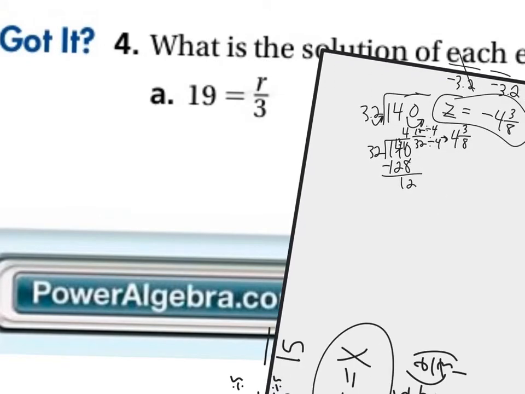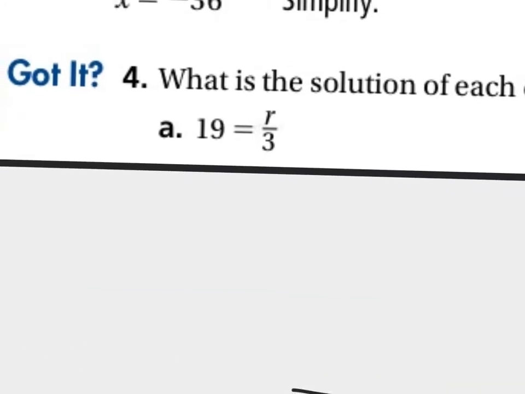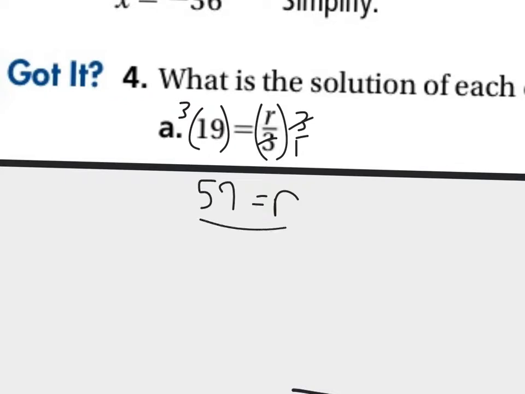So if we look at the got it 4, part A, the variable is being divided by 3 on the first part here, so we need to multiply by 3 on both sides to get that to cancel. So our answer would be 57, and again, if we substitute in 57 divided by 3, we get 19.